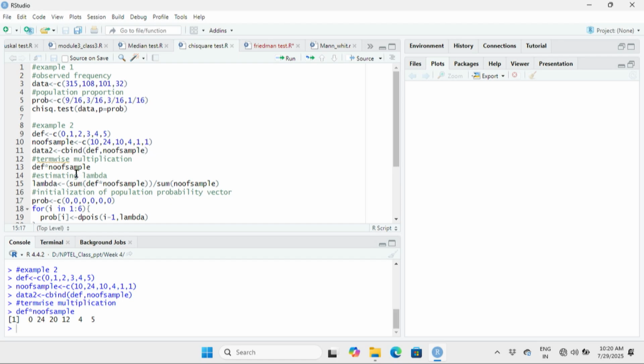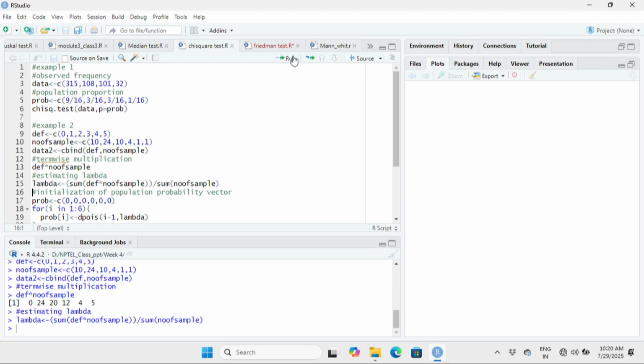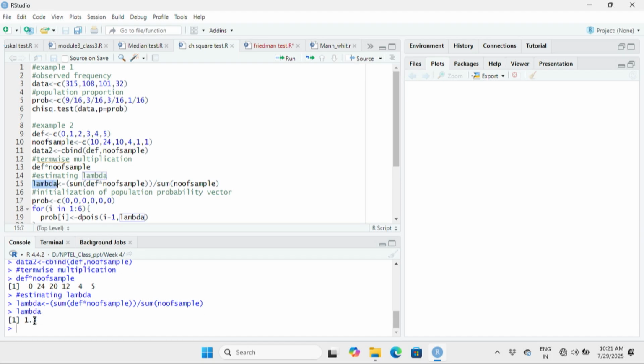I would recommend that after running each line, you have a look over the result you are obtaining. Clear? So what is lambda? Let us see whether this lambda matches with our manual calculation. Yeah, it matches. It is 1.3.